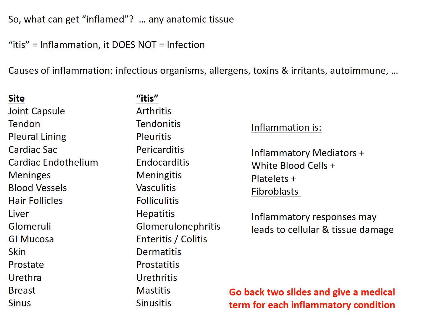Inflammation again. Inflammation is white blood cells and platelets. What activate those white blood cells and platelets are inflammatory mediators. So we're going to get into what is an inflammatory mediator. And then if that inflammatory process persists for a period of time, when it goes from acute to chronic inflammation, then another type of cell becomes involved, and those are the fibroblasts.